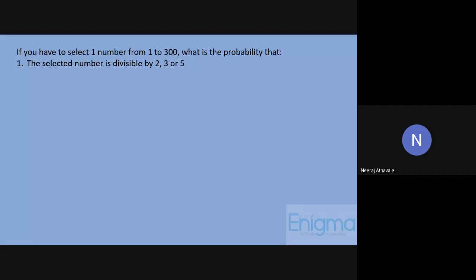Okay. Again, think. Yogiraj, your answer is wrong for sure because, first of all, you have the numerator greater than the denominator. That means the probability is greater than 1, which is not possible.